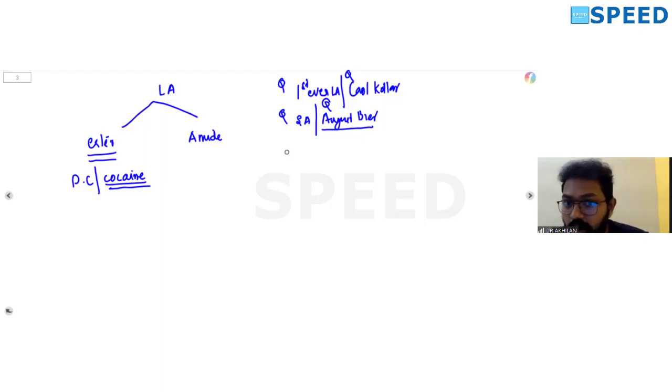If you remember, all local anesthetic agents are generally vasodilatory in nature. There are certain local anesthetic agents at low doses which produce vasoconstriction, but generally your local anesthetic agents are vasodilatory in nature, except cocaine. So cocaine is an exception to this particular rule.